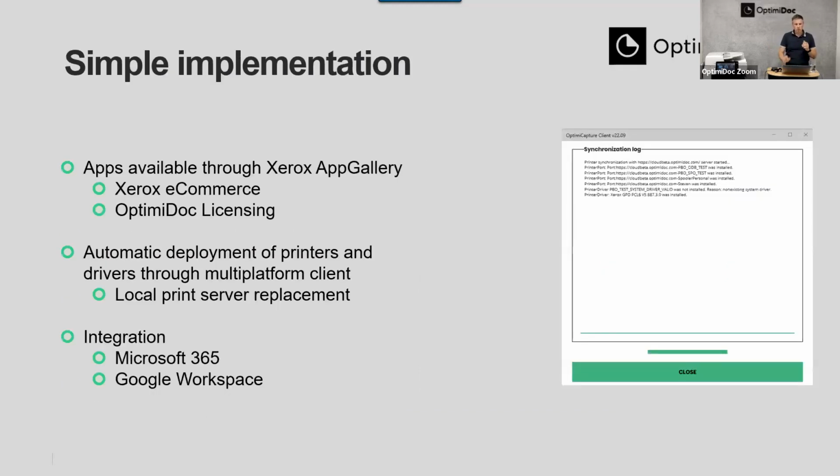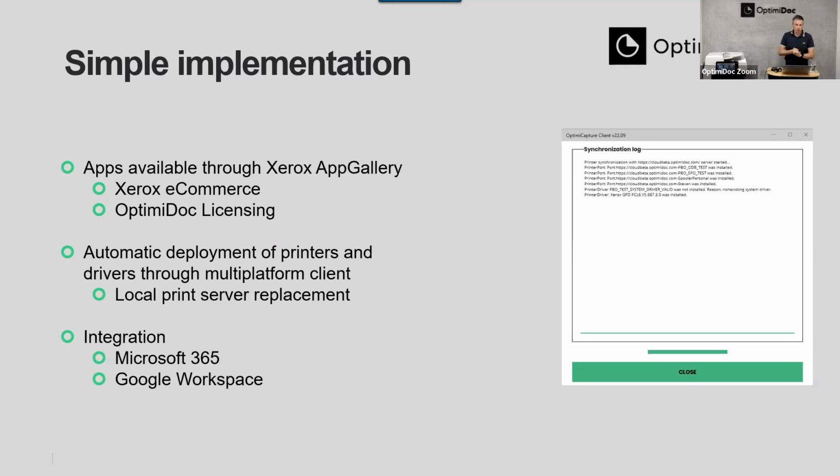When we are talking about the implementation, for the basic implementation, you need to have just the device connected to the internet. The application could be uploaded through the Xerox App Gallery. What is important, we are providing the applications which are sold through the Xerox e-commerce, but there is also the application which provides the licensing from our side.